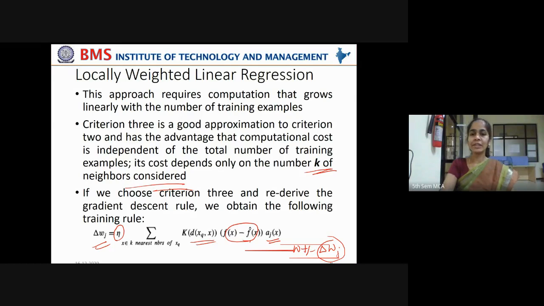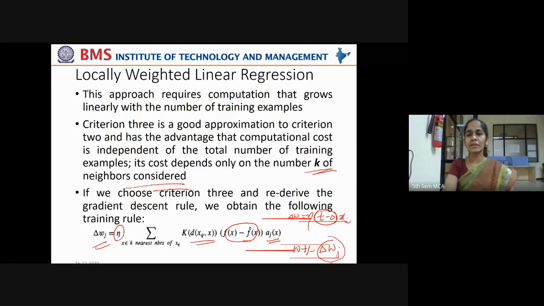Okay, so did you see now delta w, which used to be nu times t minus o times xi in the gradient descent rule, now is transformed so that it will match with this k nearest neighbor approach. So in new, the learning rate is taken as it is.